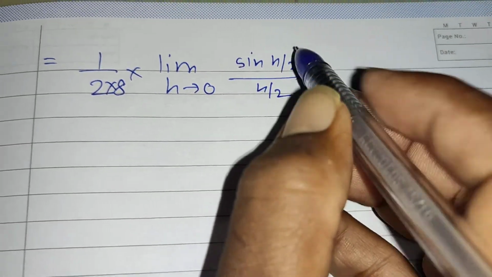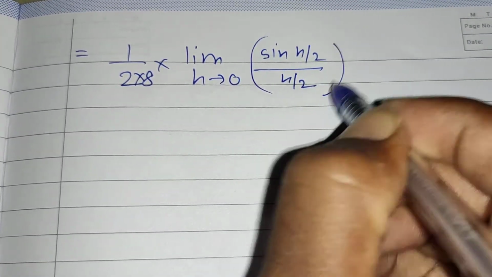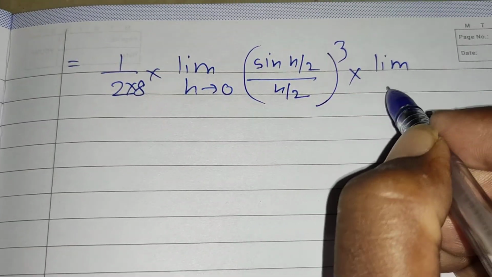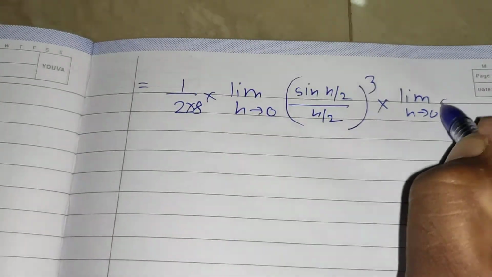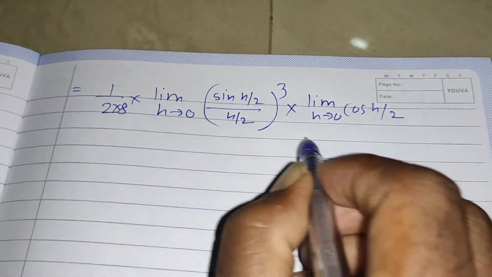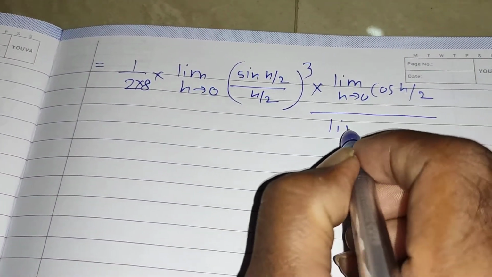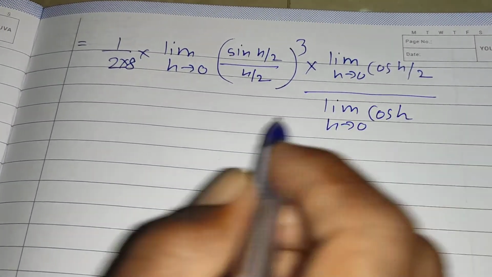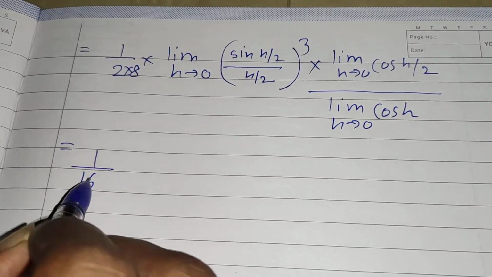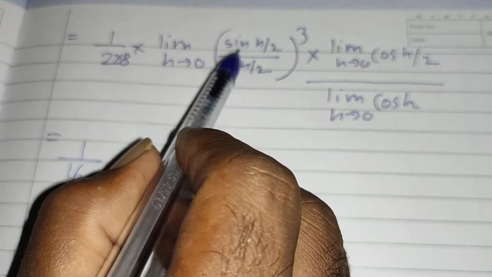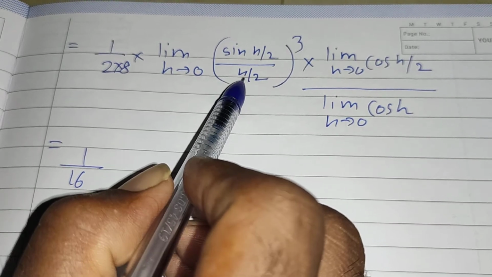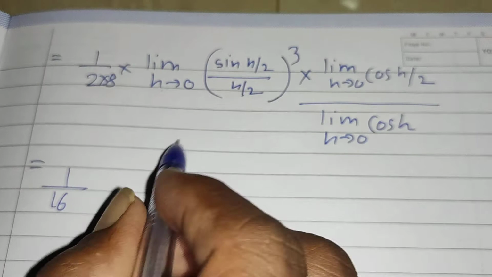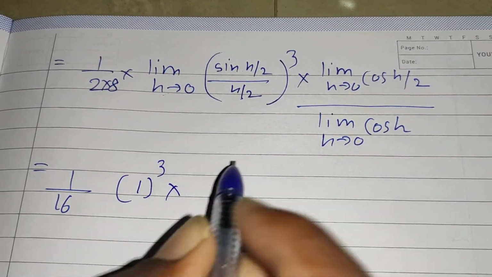Limit we have to apply. Limit h tends to 0 cos h by 2 upon limit h tends to 0 cos h. This 1 by 16. We have the formula sin x upon x, that will give you 1 for limit x tends to 0. Here the same thing, the variable is h, so this will be 1 the whole cube.